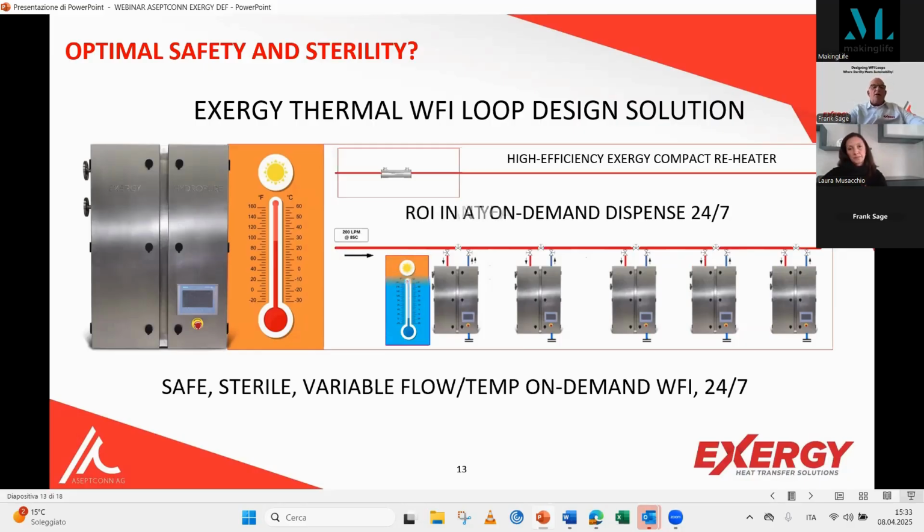Some of the major global pharma companies who have worked with us on projects now over the last 8 to 10 years have consistently refined their WFI distribution and dispense because of the compact design of our systems, to specify zero ambient pipework, no cold pipework whatsoever within their distribution and dispense, right through to the process equipment. And this is very, very important.